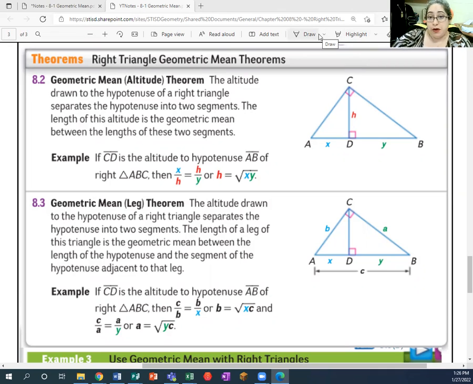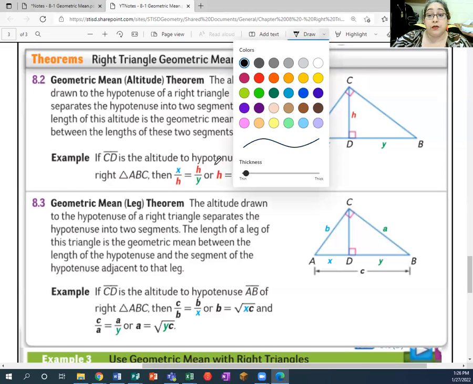Theorem 8.2 says that the altitude drawn toward the hypotenuse of a right triangle is going to separate that hypotenuse into two different segments, the segment on one side and the segment on the other. The length of this altitude is the geometric mean between the lengths of these two segments.